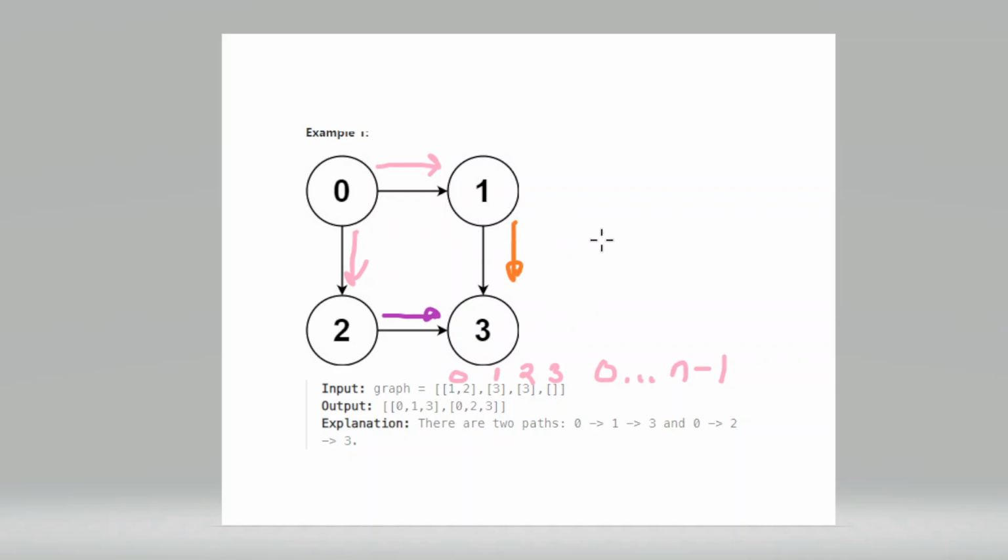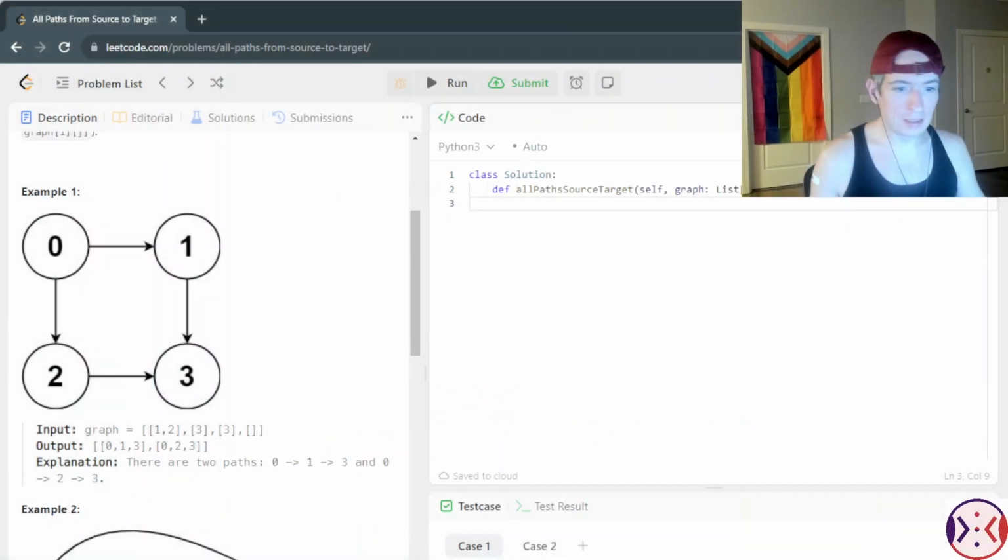And the problem wants us to find all paths where we start at 0 and we make it to 3. And just from the visual here, we see 2 paths, but can we do that algorithmically is the question. And well, we wouldn't be solving a Leetcode problem if that were not the case. So let's dig into the code here and see what we can make happen.